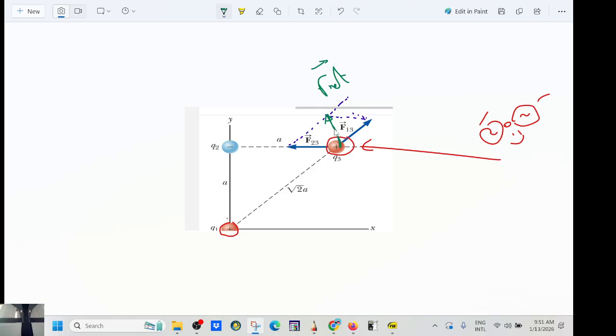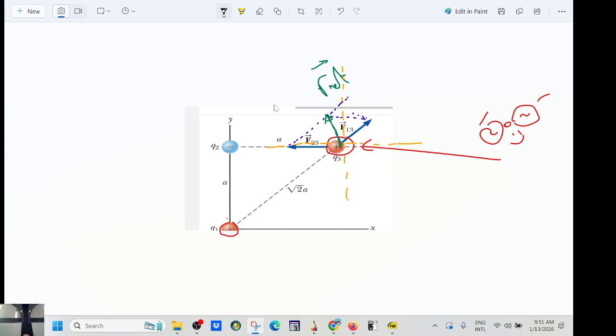Because you see the net force, if it's in the second quadrant, that means the x component should be negative and the y component should be positive. Okay, so that way you can check your computation. And again, you have a very good tutorial in my Dropbox, so I hope you did that already. Is that clear?